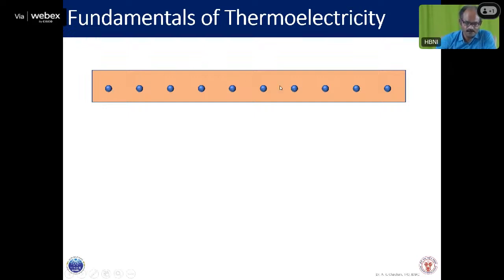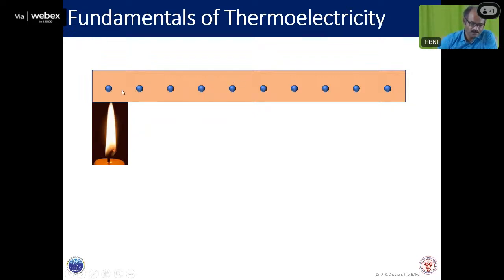Now we consider that all the electrons are uniformly distributed throughout the metal. Now just imagine we start heating this metal plate from one end. Now what will happen?